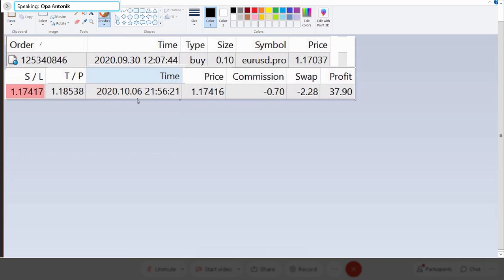So yesterday was the 6th at almost 10 o'clock. This was server time, not local time, server time. We got stopped out, and as a result, I paid a commission because I'm using raw spreads with this particular broker, so that I pay a commission rather than the spread. It was on for several days, so we had a negative on the swap.